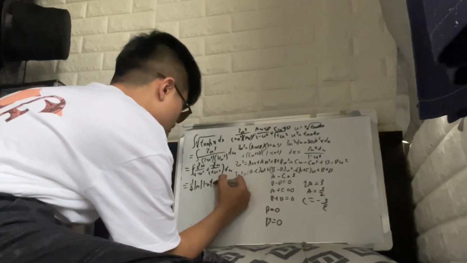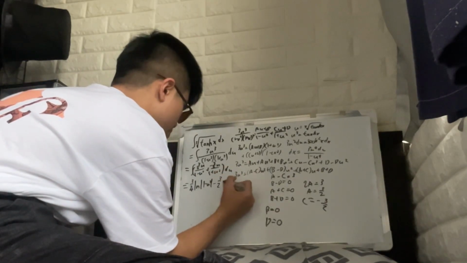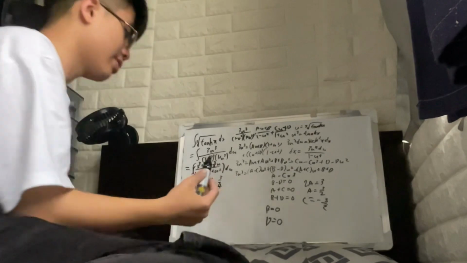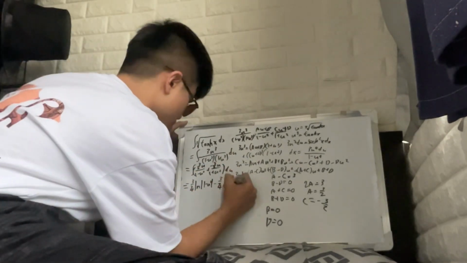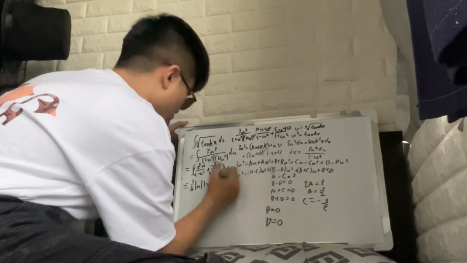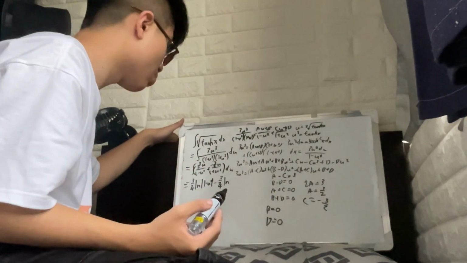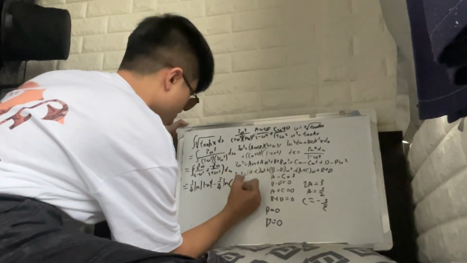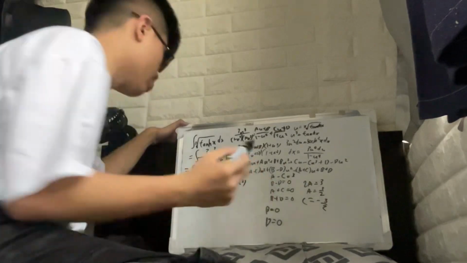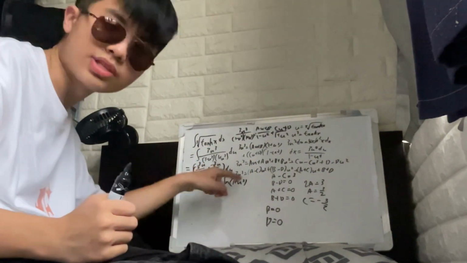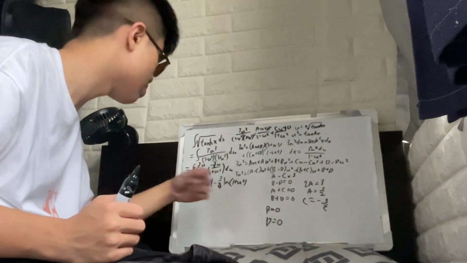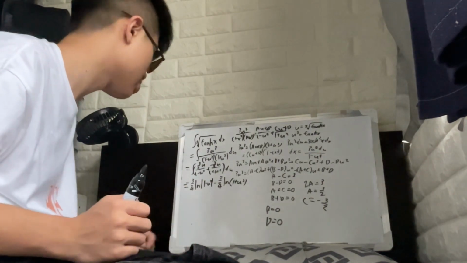And then this one, negative 3 over 4, I already wrote down 3 over 4 like that, because ln of 1 plus u squared is always going to be positive, so just put down parentheses, it's okay. Because when you differentiate this, you will get a 2u inside, right? You need to divide by 2, so you will get that.